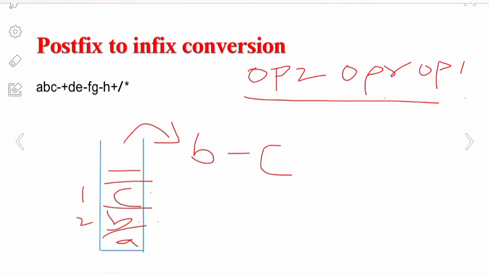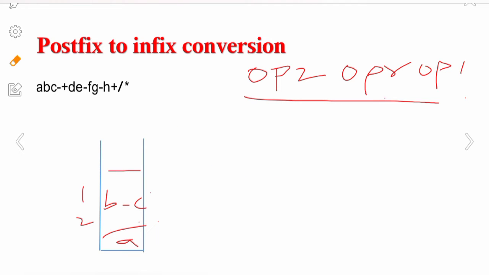So B minus C will be popped out of the stack, and we are going to remove the elements here on the stack. Again we are going to push this same element to the stack, okay. So B minus C is pushed into the stack, okay. So now we will go with the next one.